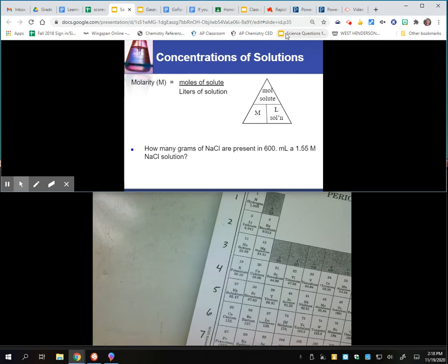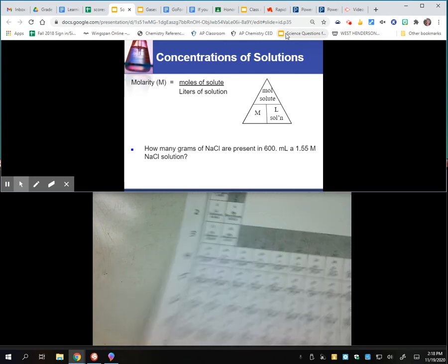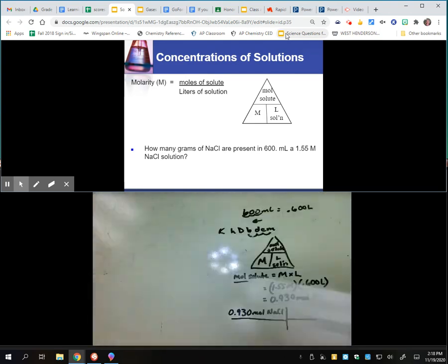Here is sodium, which has 22.99, and chlorine, which is 35.45. So 35.45 plus 22.99, and I get 58.44. That's how many grams are in 1 mole. Mole is here, mole has to go here, and in 1 mole, there are 58.44 grams of NaCl.